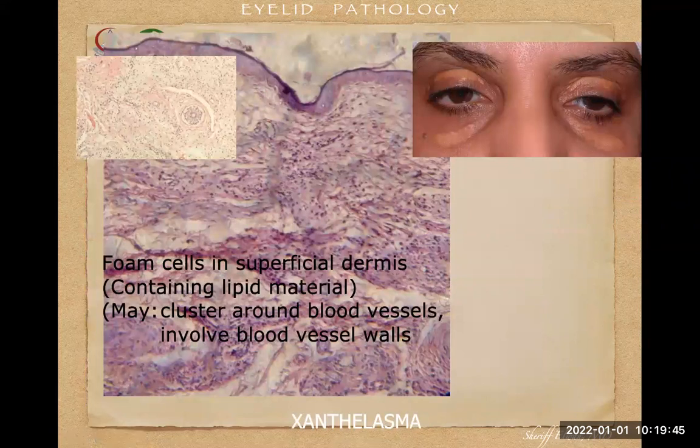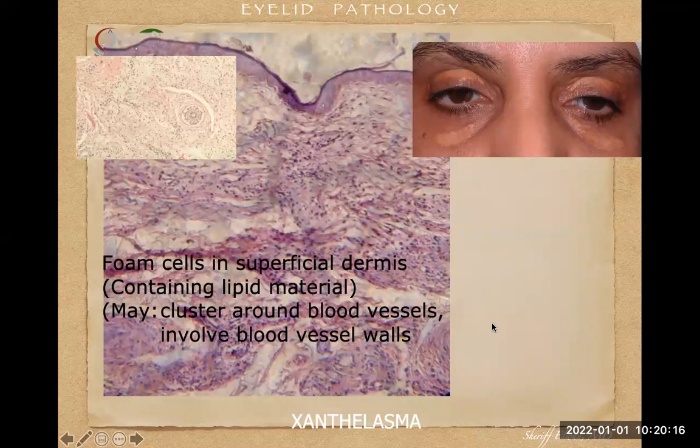Now we describe a Xanthelasma, and a Xanthelasma is deposition of cholesterol salts, a variety that occurs like fat in histology. And here we have the plaques of cholesterol salts that appear like a patch which has a dirty white to yellowish coloration.